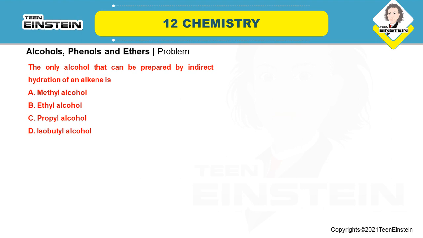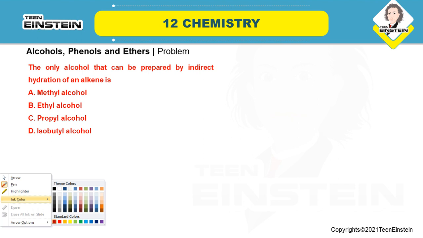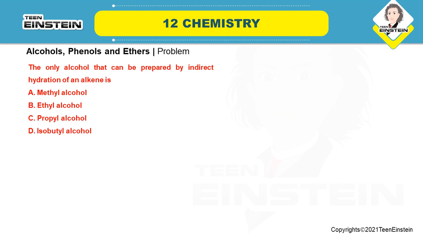Now we will have one problem here. The only alcohol that can be prepared by indirect hydration of an alkene. Is it methyl alcohol, ethyl alcohol, propyl alcohol, or isobutyl alcohol? Okay. Now when it is indirect hydration, remember Markovnikov rule is there.